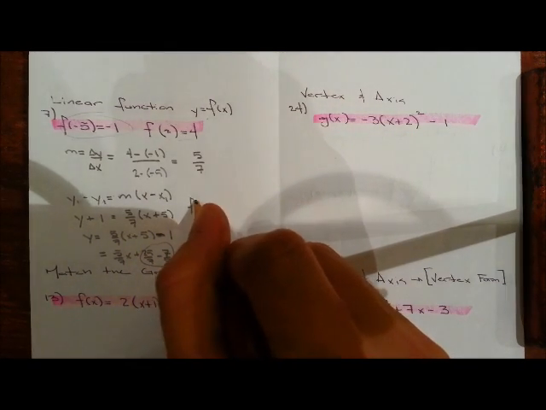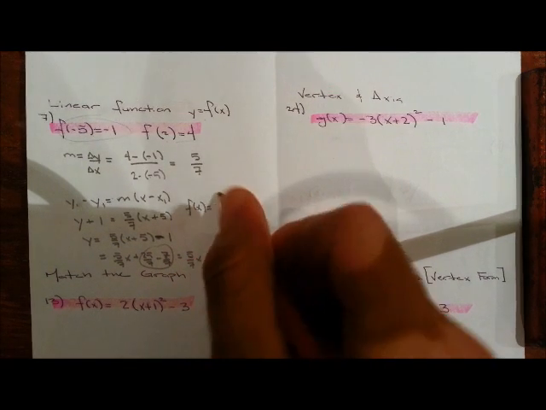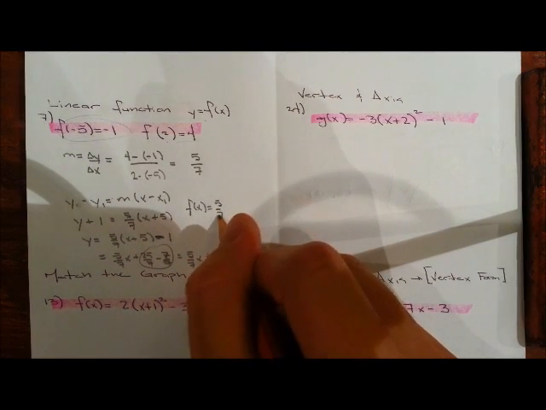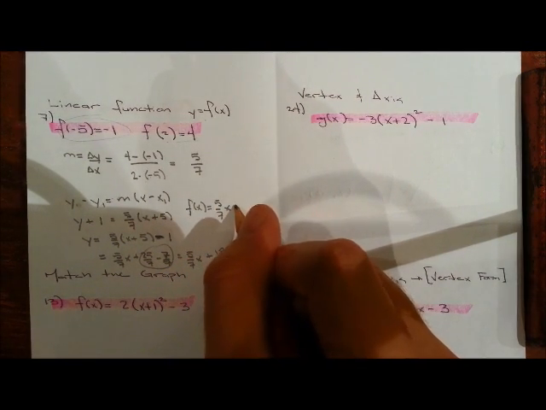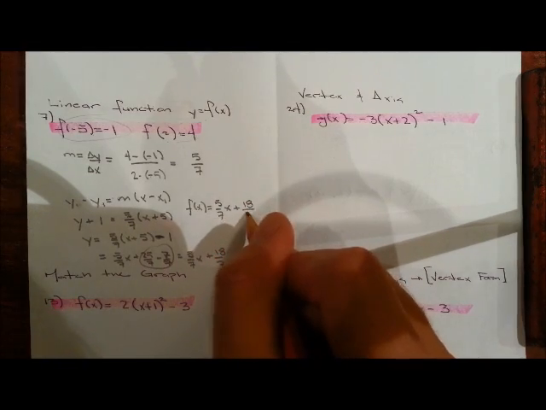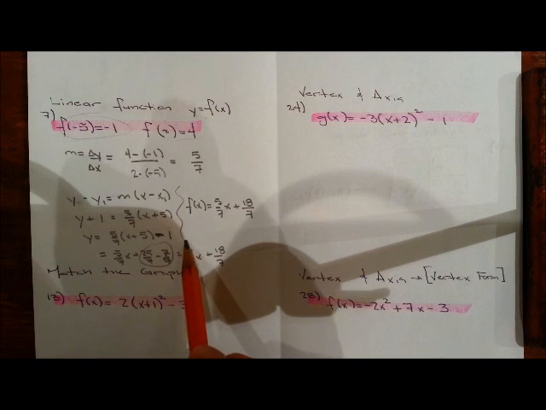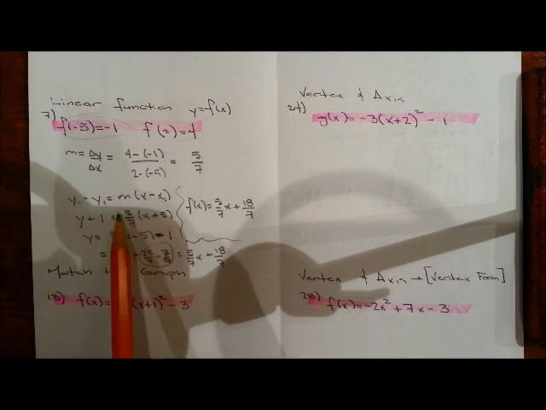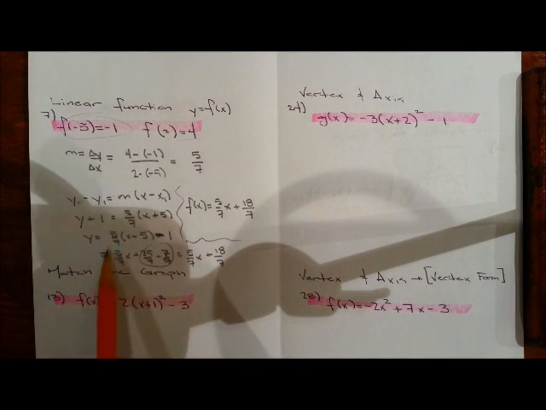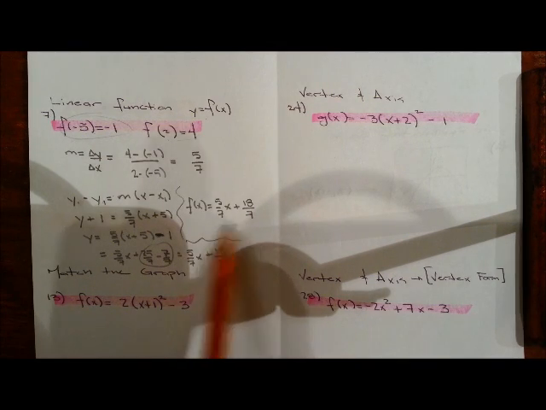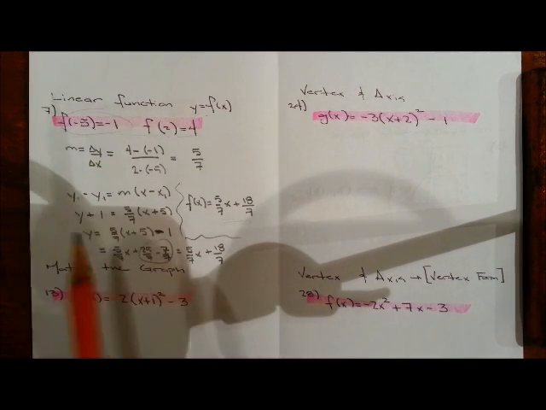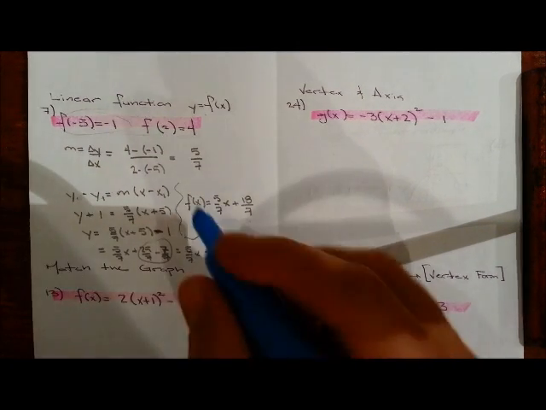Therefore, the function f of x is going to be equal to 5 over 7x plus 18 over 7. So my practice is just finding slope and defining this as point-slope form to find out the slope-intercept form equation, as I have set there.